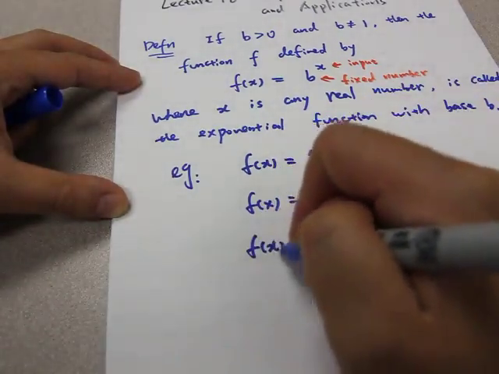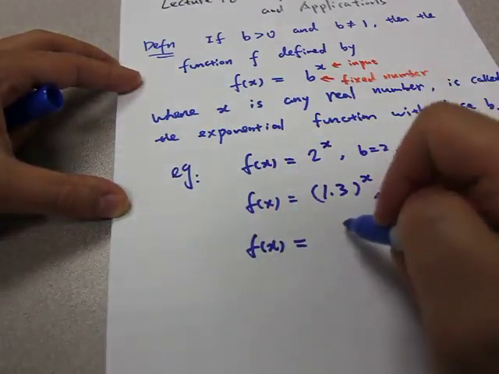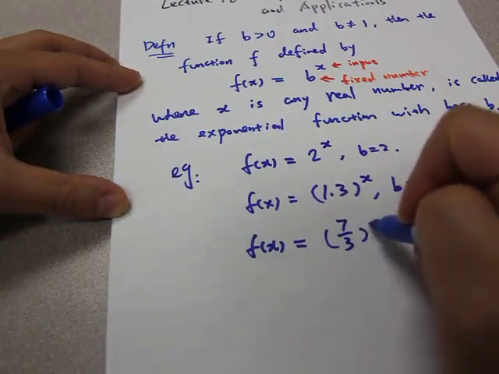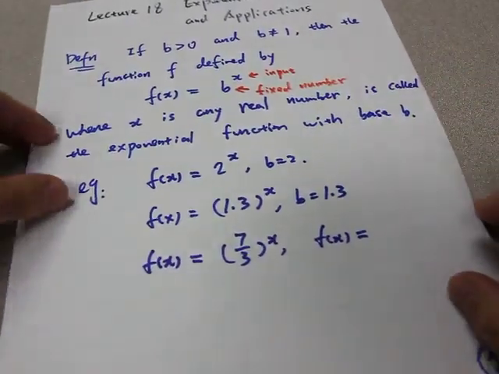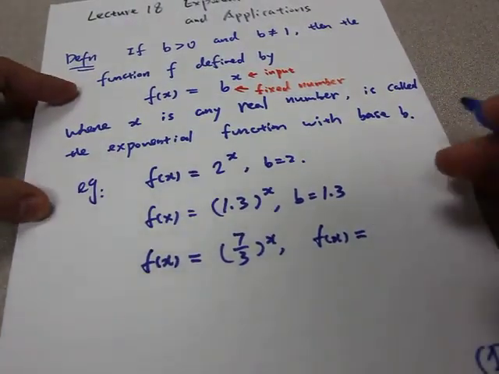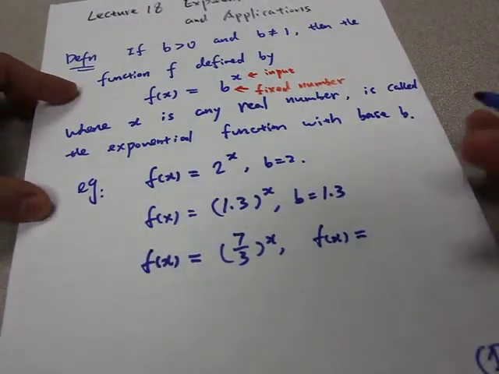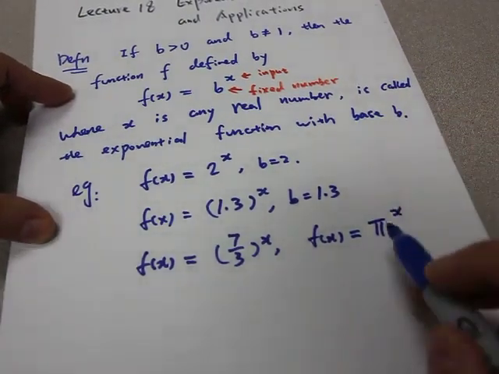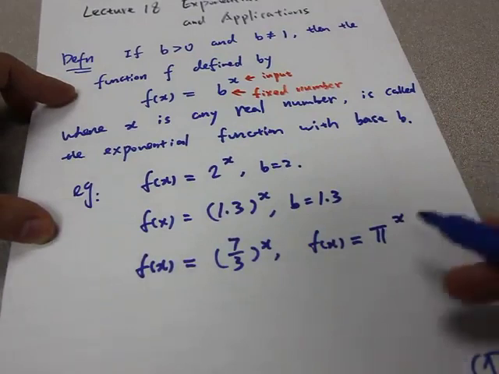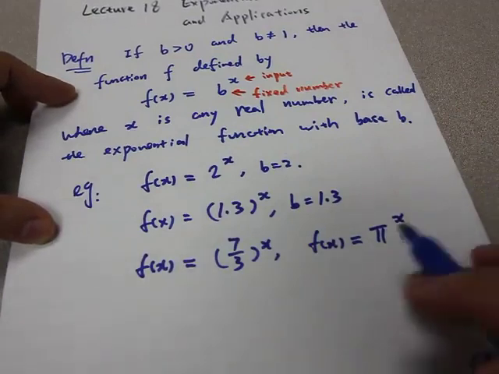The base can also be a fraction like 7 over 3, or it can be a very weird number like pi, right? Because pi is 3.141 whatever.